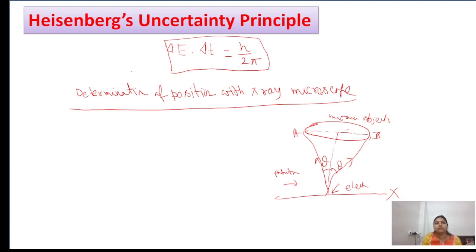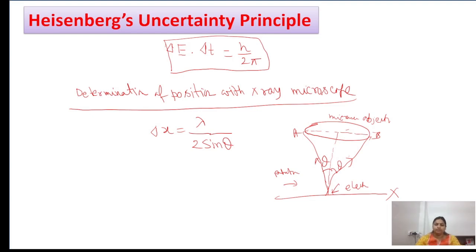The resolving power of the microscope is given by the relation delta x equals lambda divided by 2 sine theta. Here delta x is the distance between two points which can be resolved by the microscope, and this is the range where the electron would be visible when disturbed by the photon.